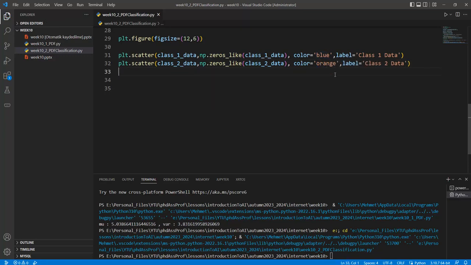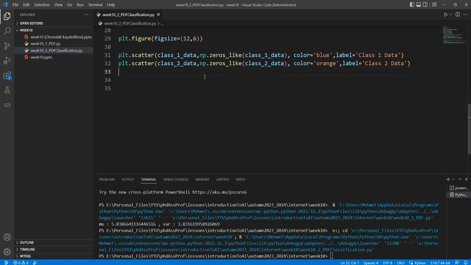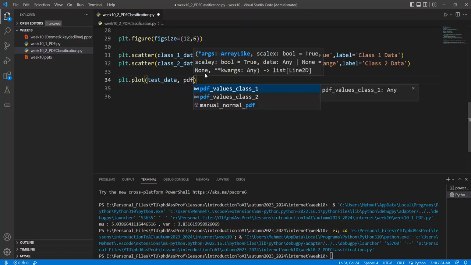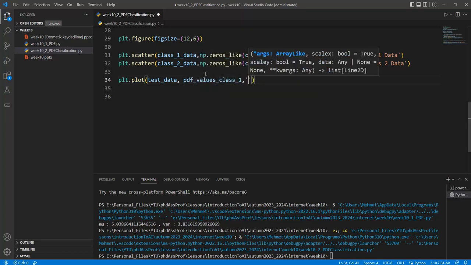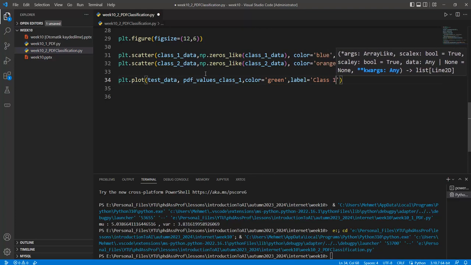Okay, because we have the label in here like this one, but we need to change the color to orange. In this case we have the orange values and blue values, and we set the scatters to different colors, and we can see all the classes. This function obtains the length of class 1 data and assigns zeros. Okay, plt.plot should be given the test data and PDF values class 1, with the color green and label class 1 PDF.